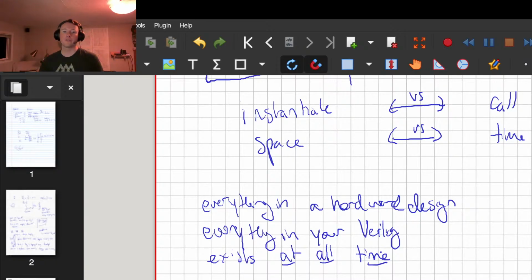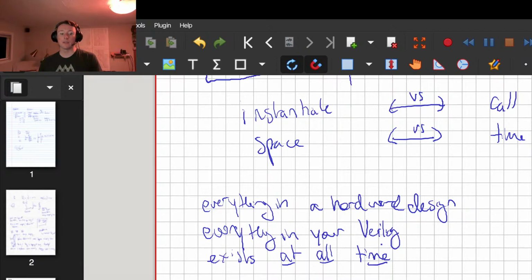This sounds like a weird statement, but this is one of the things that actually makes Verilog hard to wrap your head around, but also conceptually much easier once you understand it.